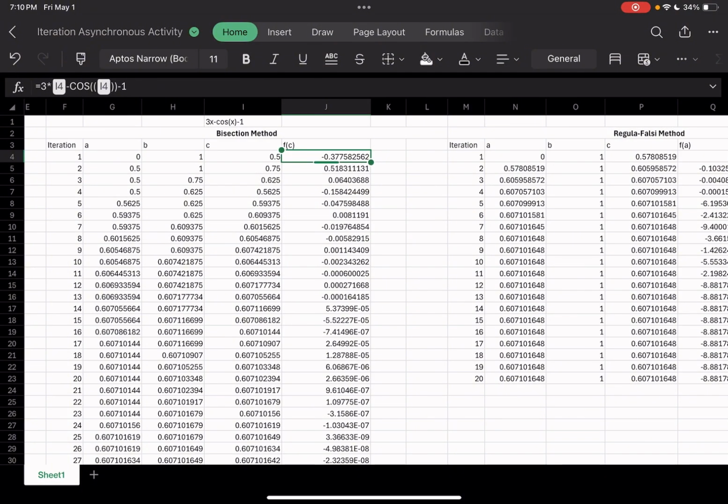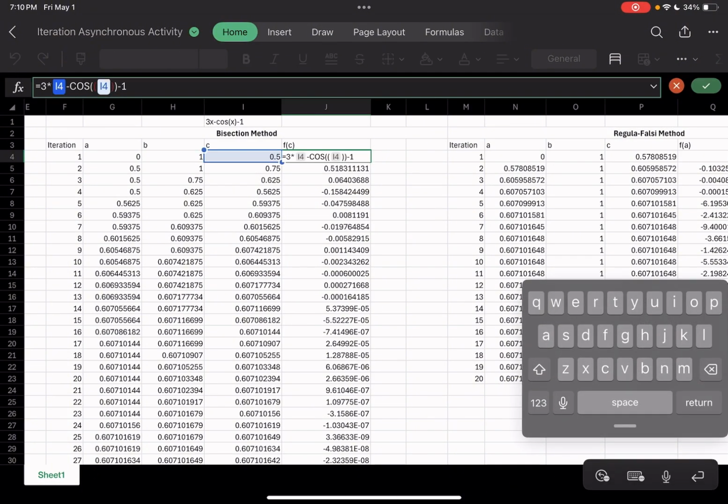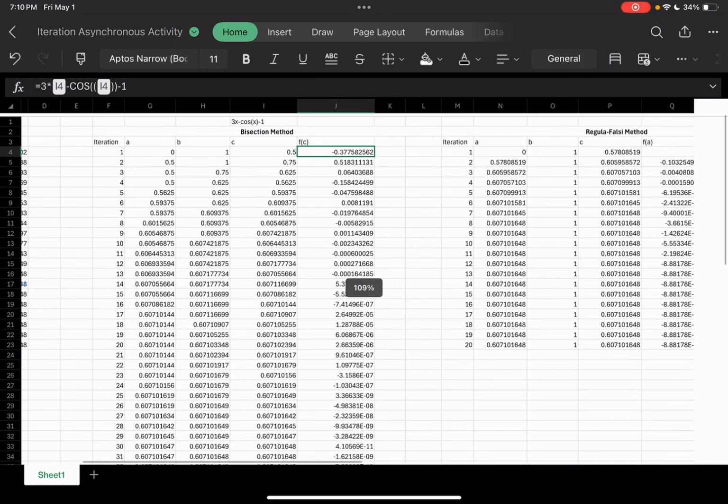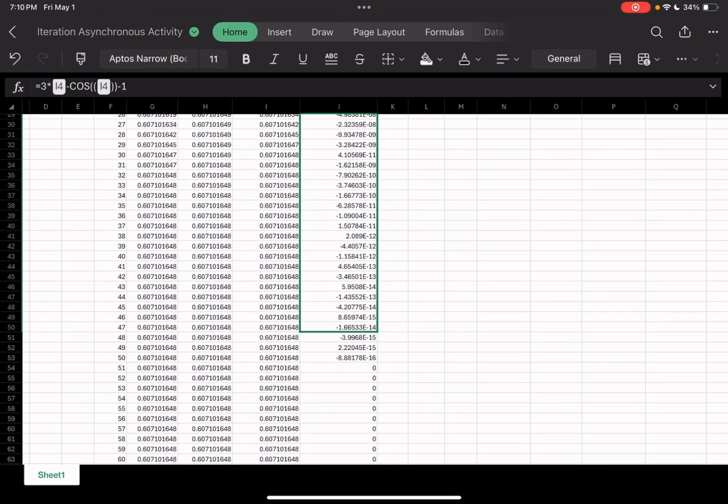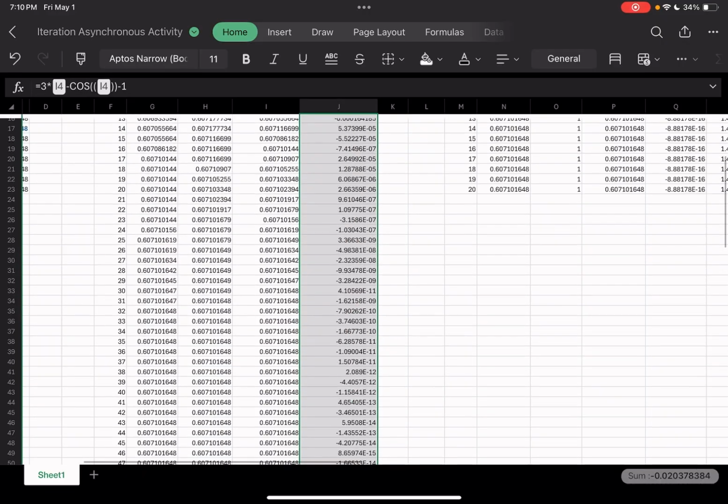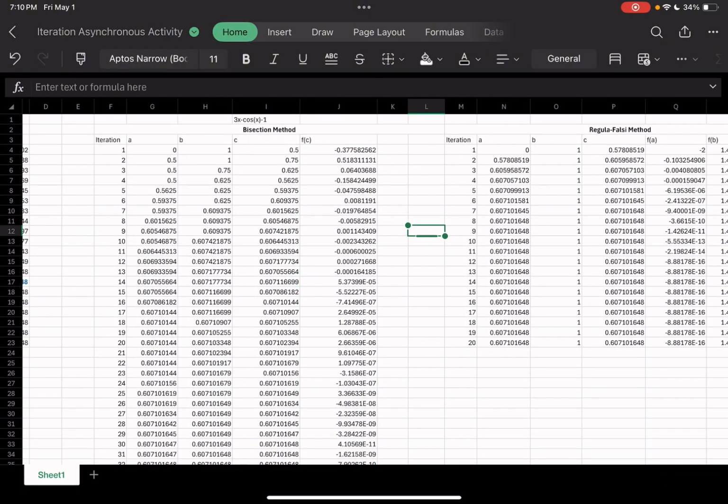So for the f of c, we are going to write 3, as you can see here, times x. Since this is f of c, our x will also be c. Minus cosine of x, which is c again, minus 1. And then click check sign, and just simply drag it down like that to apply the formula to the lower sections.